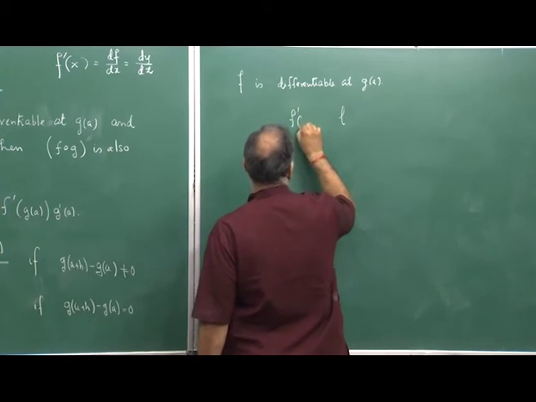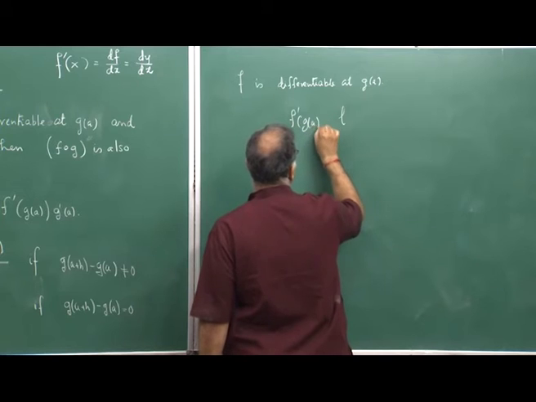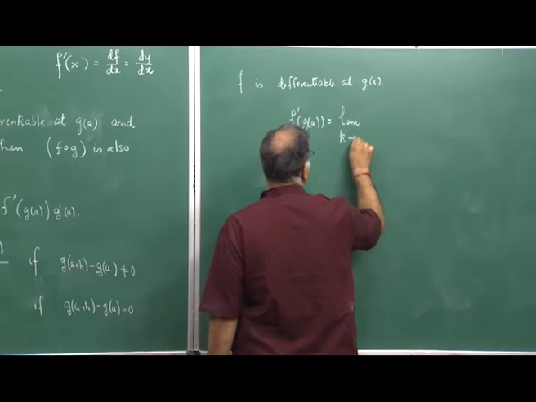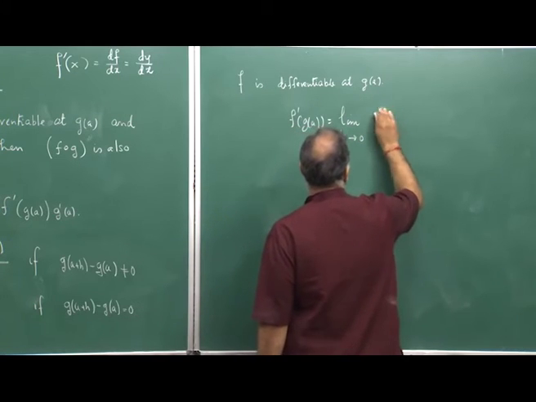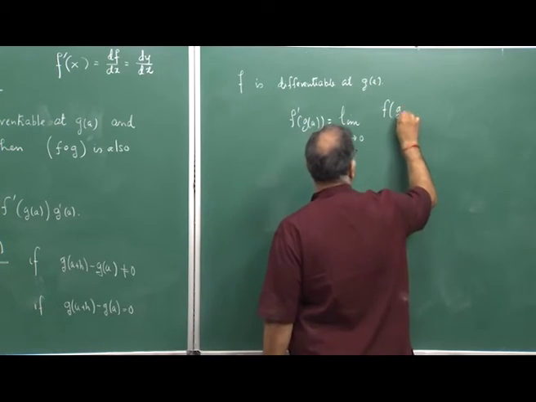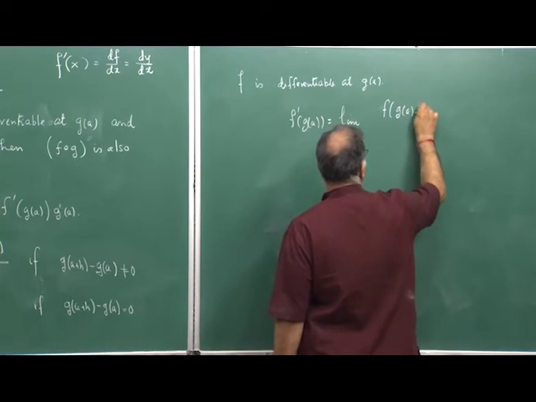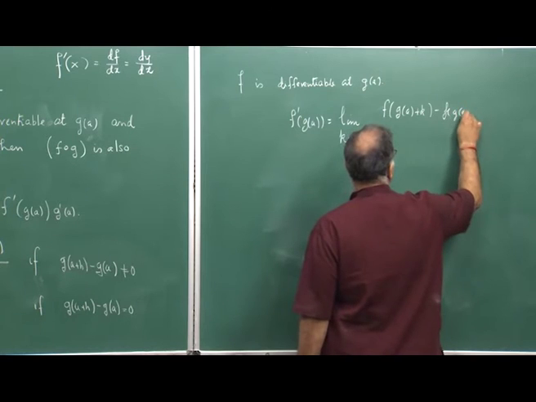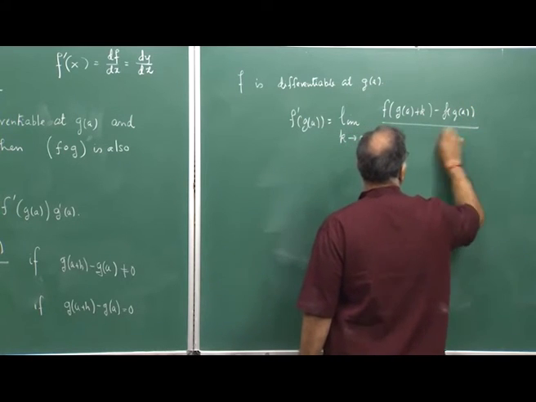that f dash of g(a) is equal to limit k tends to 0 of f of g(a) plus k minus f of g(a) by k.